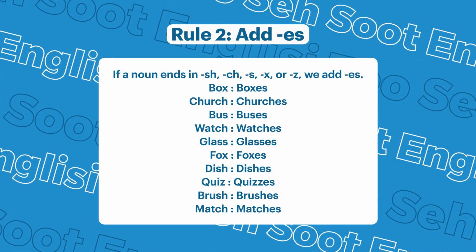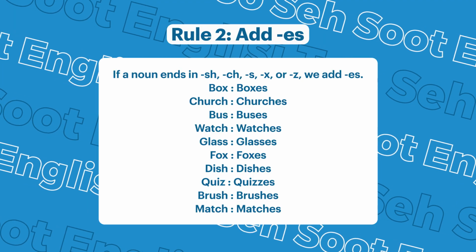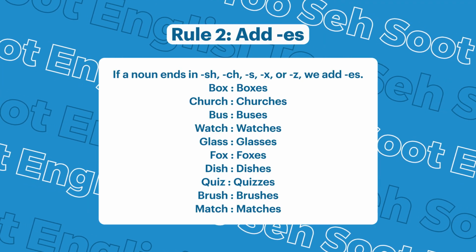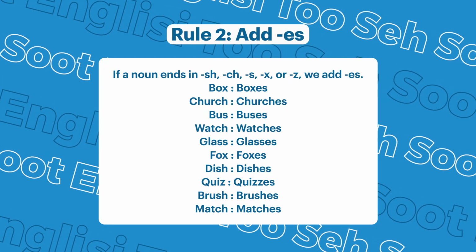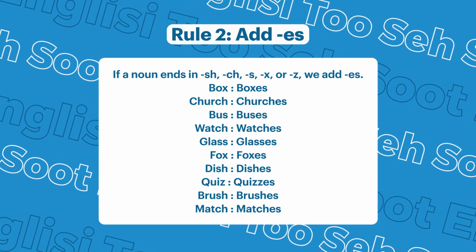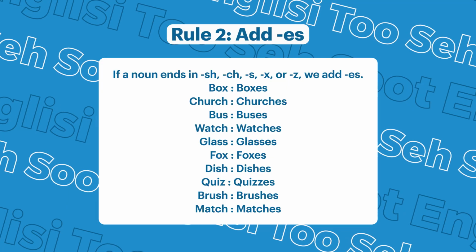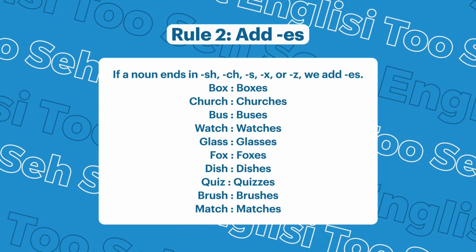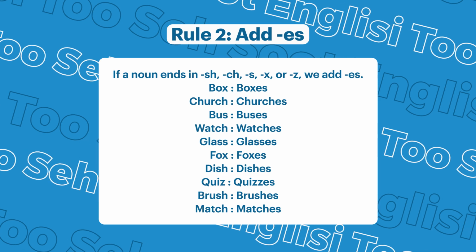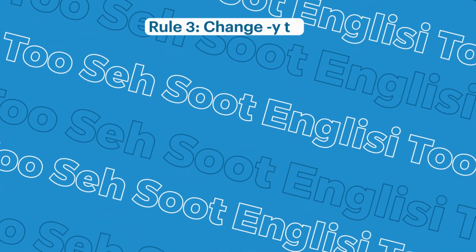For example, box becomes boxes, church churches, bus buses, watch watches, glass glasses, fox foxes, dish dishes, quiz quizzes, brush brushes, match matches.